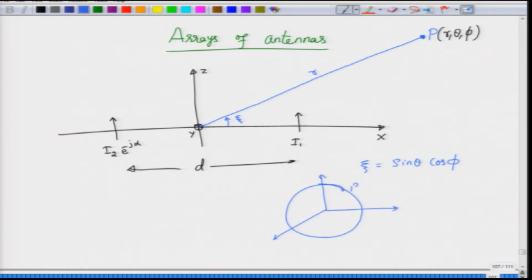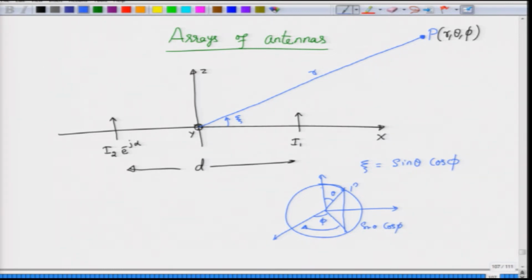So, the position point P makes an angle theta with respect to the z axis, and then when you drop this perpendicular and look at this angle phi, if it is just a unit circle, then this would be cos theta along z, and the projected part will be sin theta, and this sin theta further has to be projected onto the x axis to get sin theta cos phi.